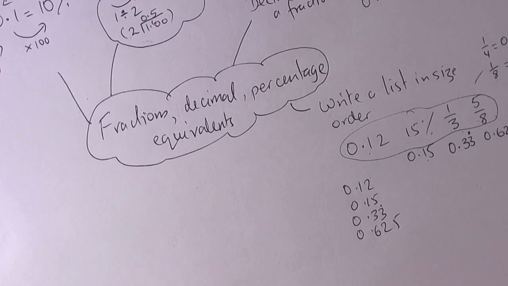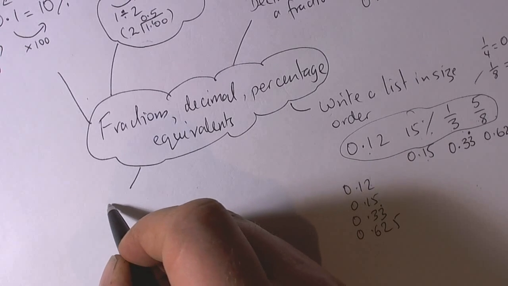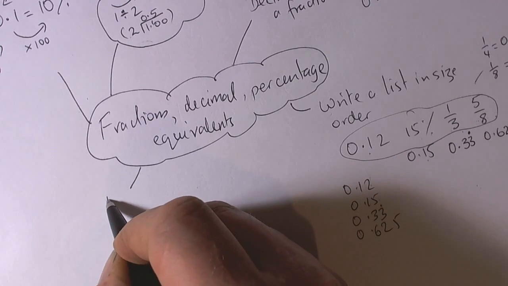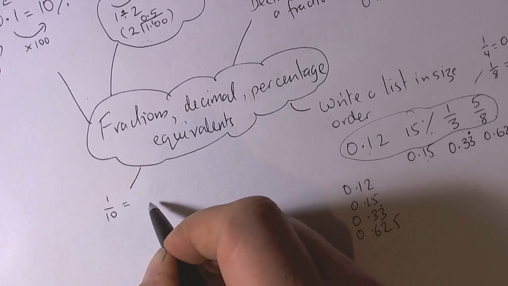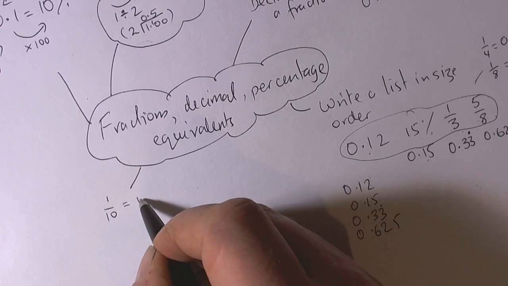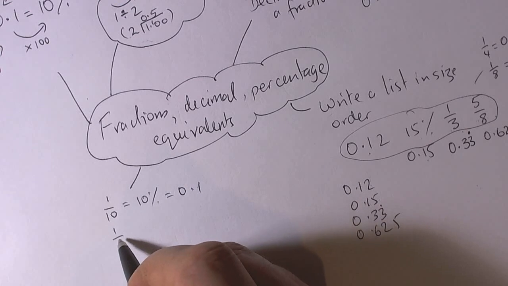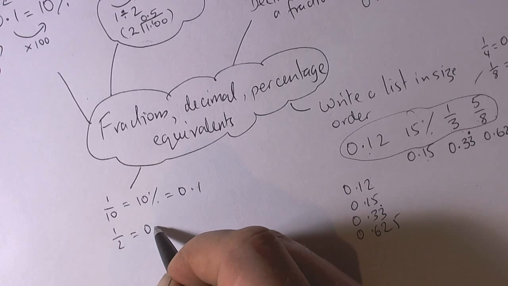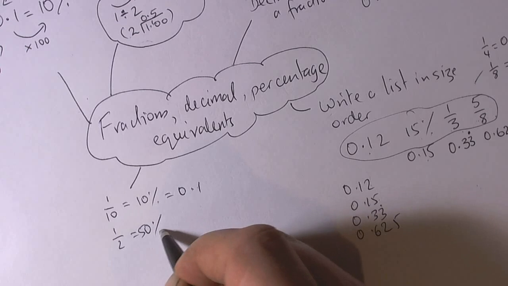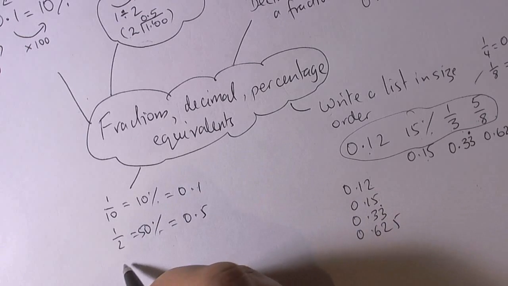Another common question is where they give you a mix of fractions and percentages, and they ask you to work out what fraction is left. Well, again, a common way of doing that is to recognise some common equivalents. So again, we need to remember things like a tenth is 10%, 0.1. Half, we've already seen, is 50%, 0.5.